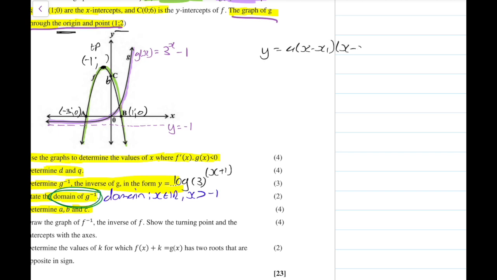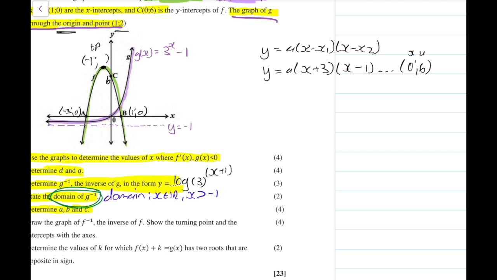And now we start with this. So y is equal to an a value that we're looking for, x plus 3, because when you sub it, minus minus makes it positive, and here it's going to be minus 1. And we're going to sub in the other coordinates that this graph goes through, which we know is c's coordinates, which is 0 and 6. So that's for x and y.